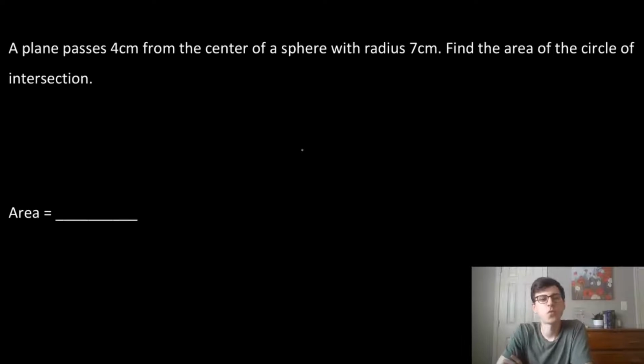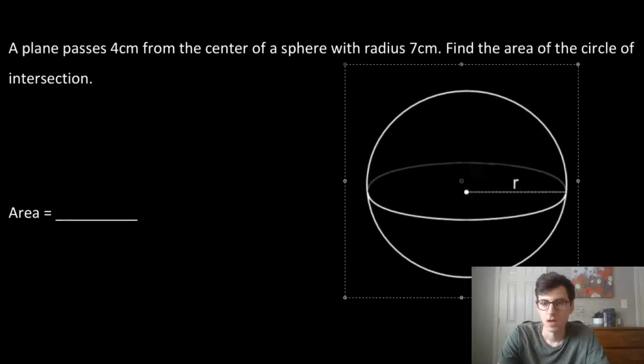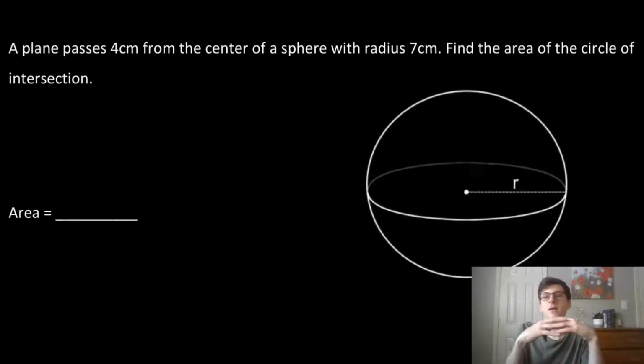A plane passes 4 centimeters from the center of a sphere with radius 7 centimeters. Let's see if I can get a sphere up here. And when we say a plane, I'm not talking about an airplane, right? I'm talking about the geometric shape of a plane cutting through a sphere.